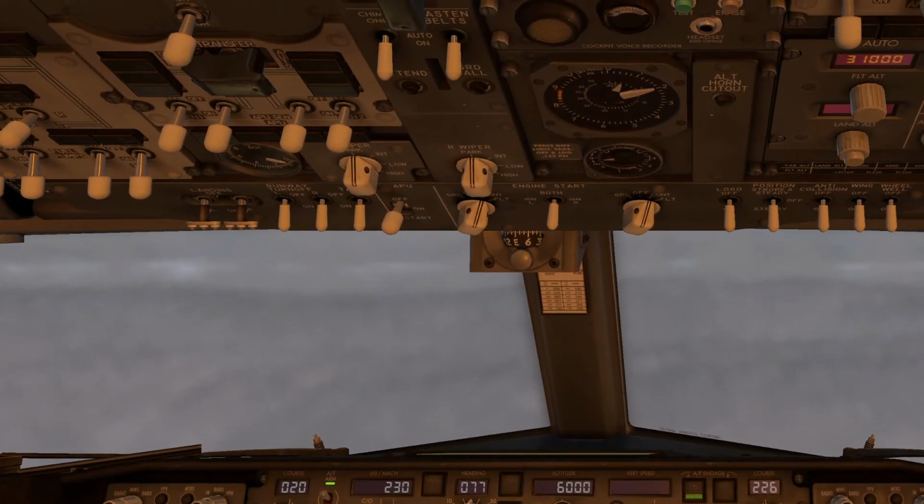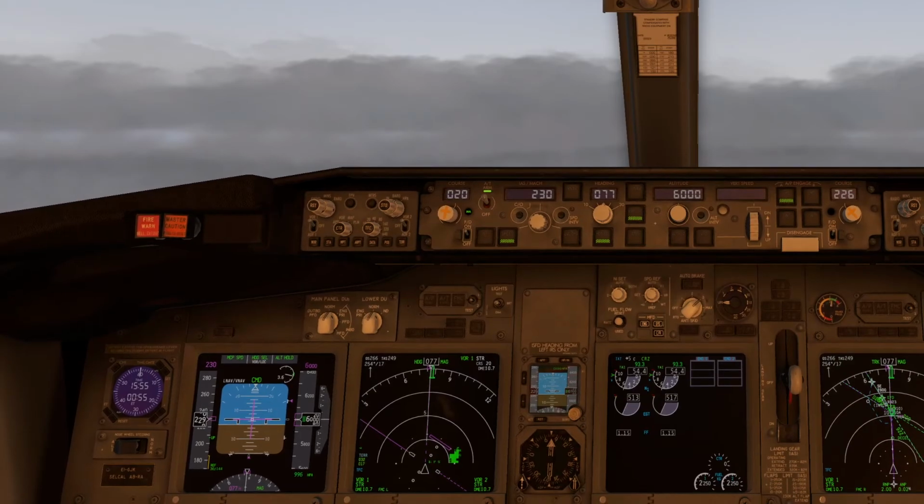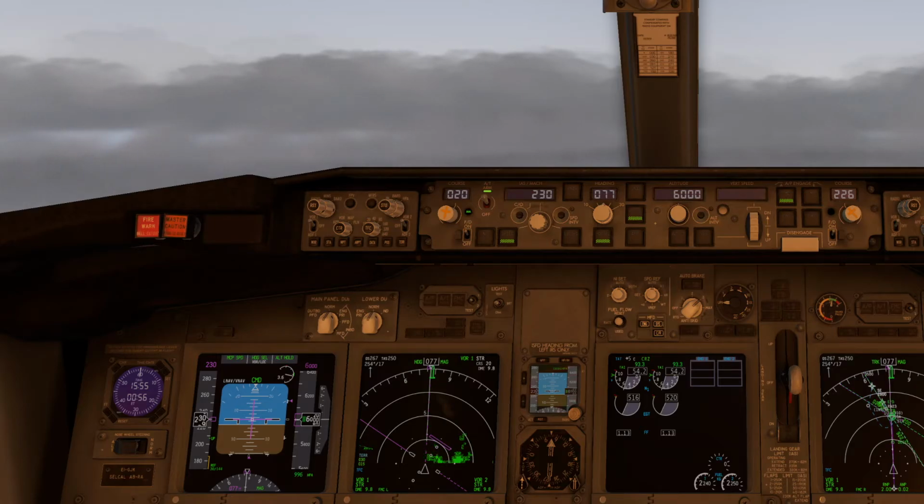Let's see if we can see anything below. Nothing. That will be a challenge. So field elevation or airport elevation is 500 feet.